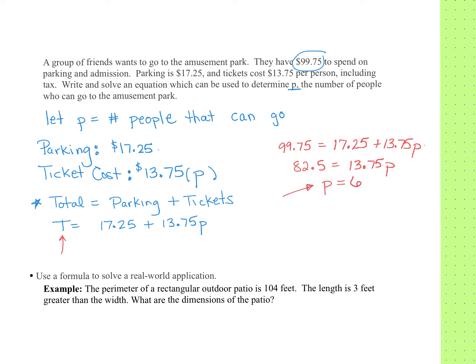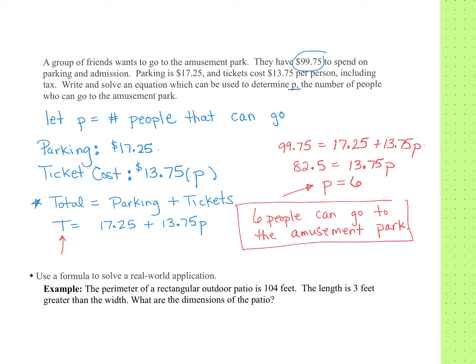Usually most of them can. So we're going to answer the question in a sentence. 6 people can go to the amusement park. We want to make sure that we're answering our question in a sentence as opposed to just saying P equals 6.